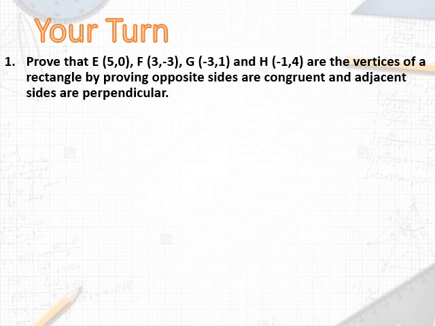So for example, if I just proved opposite sides are parallel, yes, a rectangle's opposite sides are parallel, but so is a parallelogram, and a parallelogram is a less classified, it's a more basic shape. So you want to make sure that you are ensuring that the shape has to be a rectangle, because that's the shape we're trying to classify. So take a shot at it now.